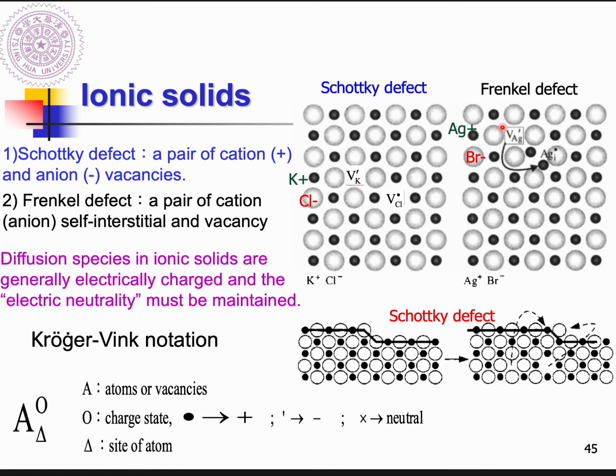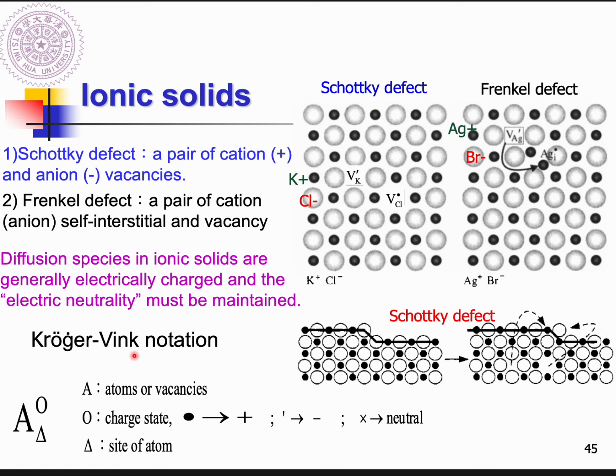And here also, we have a negative one and a positive one, so finally we reach electrical neutrality. Okay, so now you have some idea about the vacancy formation mechanisms in ionic solids.